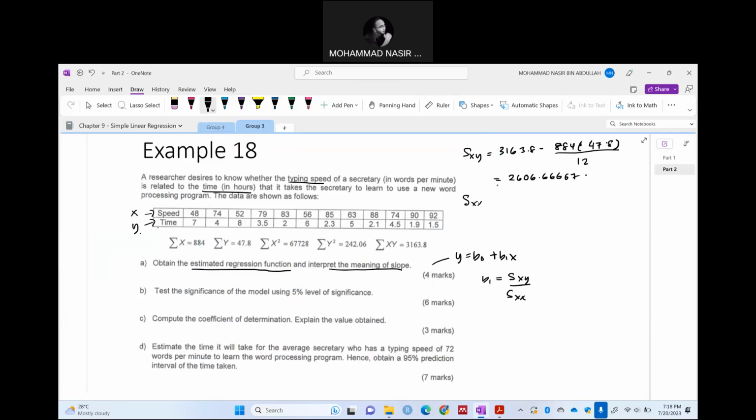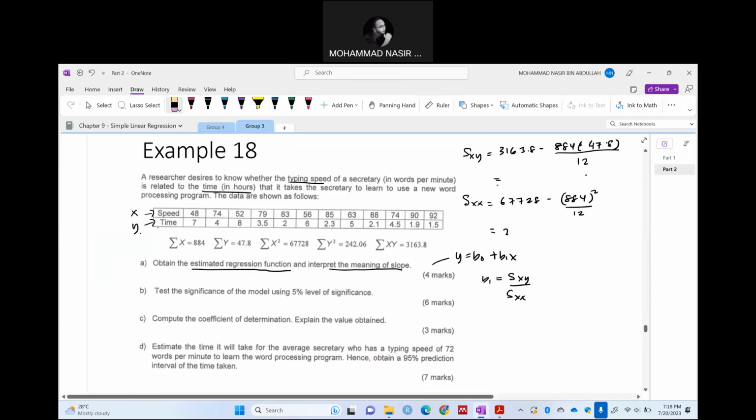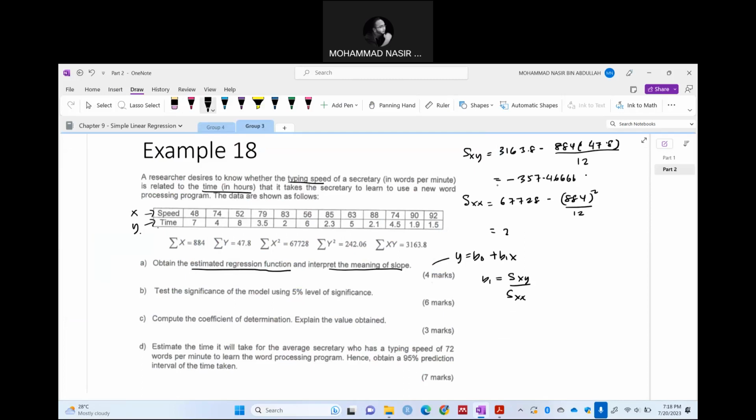So Sxx is equal to 67728 minus 884 square divided by 12. So this is supposed to be 2606.666.